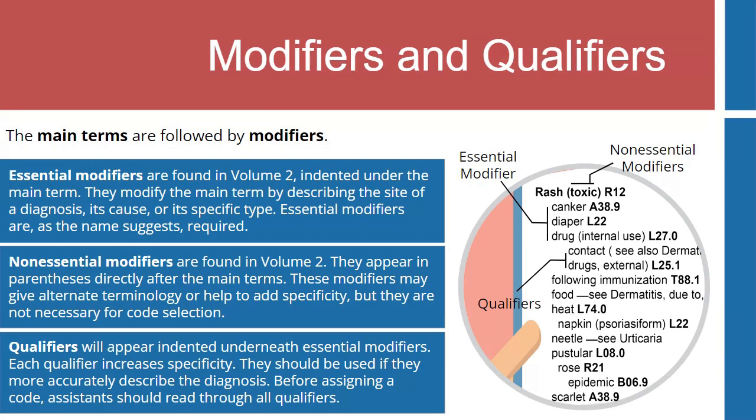I don't know if we touched on qualifiers in the last slide, but this will appear. And underneath essential modifiers, it increases specificity. They should be used if they more accurately describe the diagnosis. Before assigning a code, assistants should read through all the qualifiers, meaning you look through all of them and see which one applies.